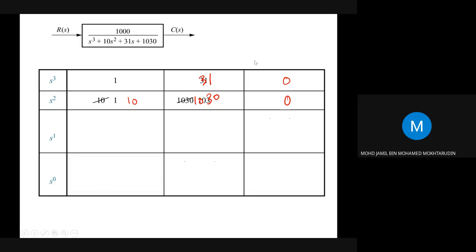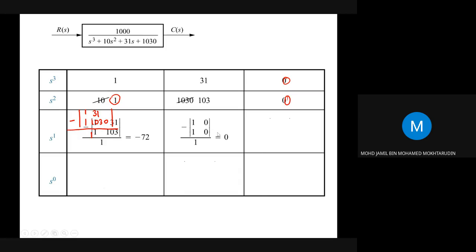And then to determine s^1, basically you need to determine the determinant from the rows above. So negative of the determinant of 1, 1, 31, 100, 1030, divided by 1. Okay, divide by this one. So here dia kira dapat minus 72.